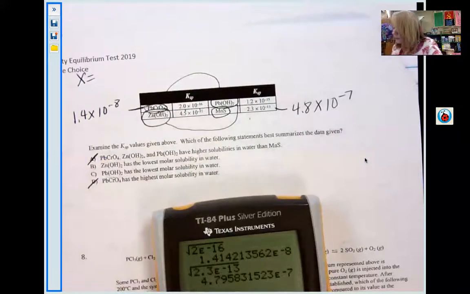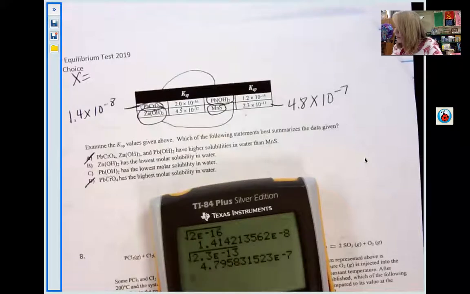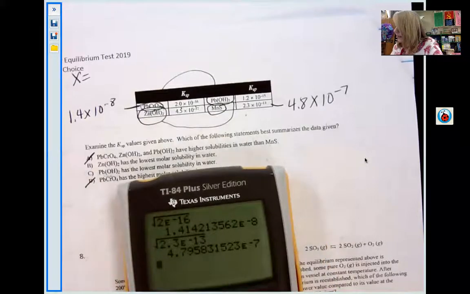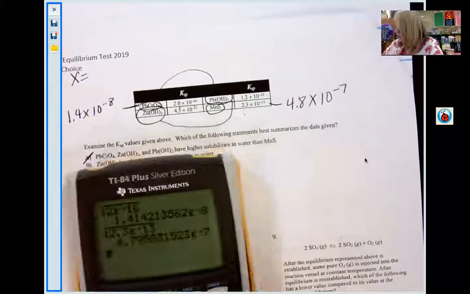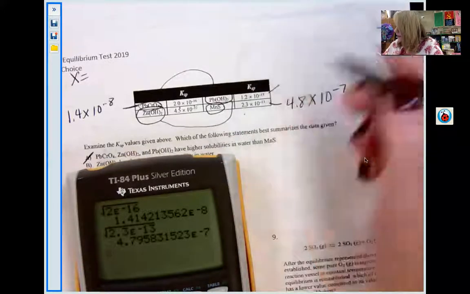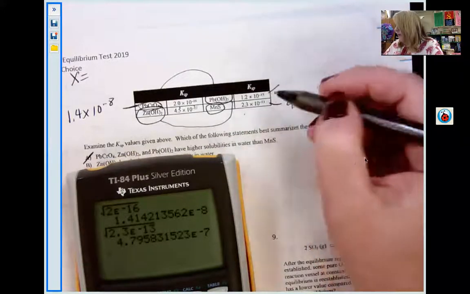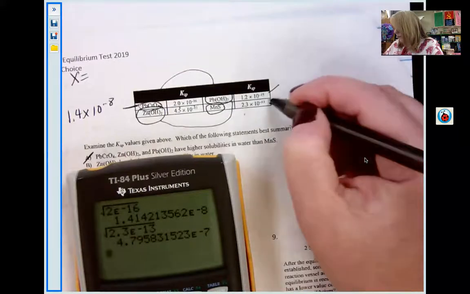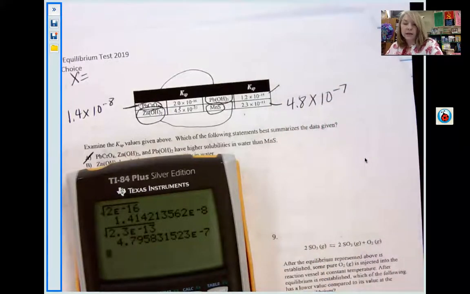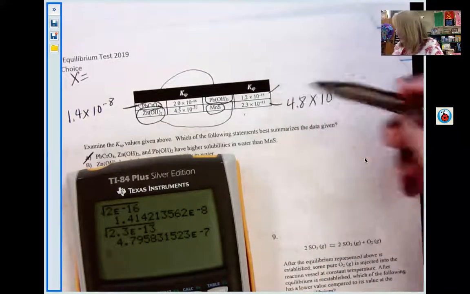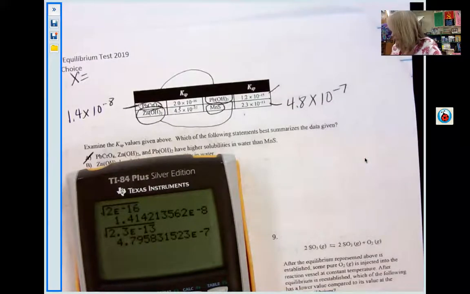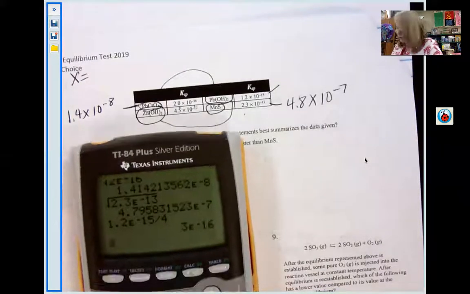Okay. Now, the other two that we're asked about were zinc hydroxide and lead hydroxide. So remember with these, you've got 3 ions. And so you'll actually have to divide by 4 and take the cube root, like we did on that last problem because it had 3 ions. So let me go ahead and punch that in. 1.2 times 10 to the negative 15 divided by 4. And then I'm going to take my cube root.